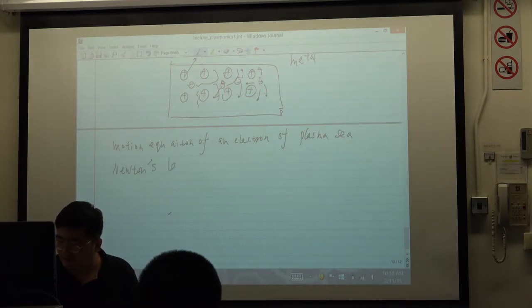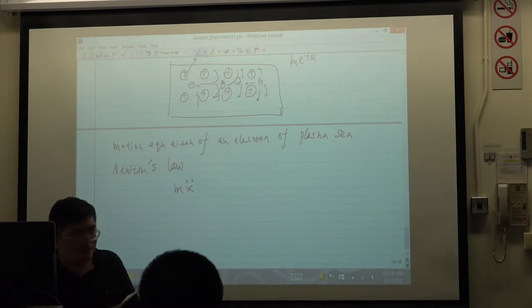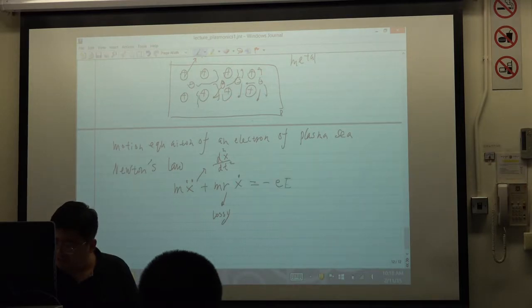Newton's law. Why do you do this? m x double dot, where x dot is dx over dt, is the acceleration. Plus m gamma x dot, where gamma is a lossy term, equal to the force, e times E. Here E is just the driving electromagnetic field.